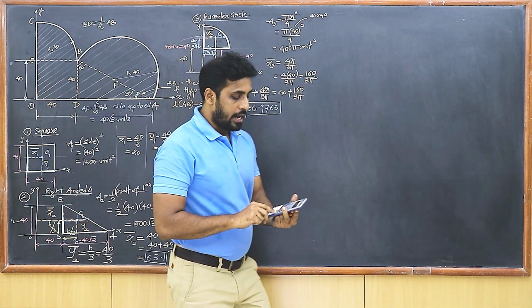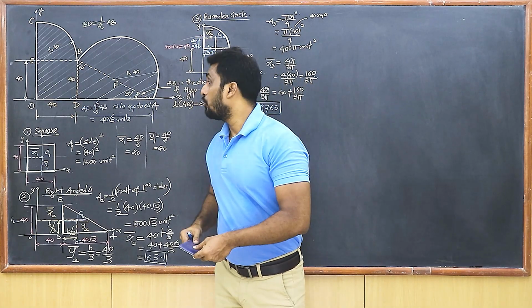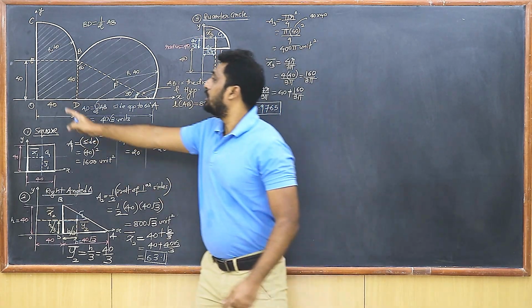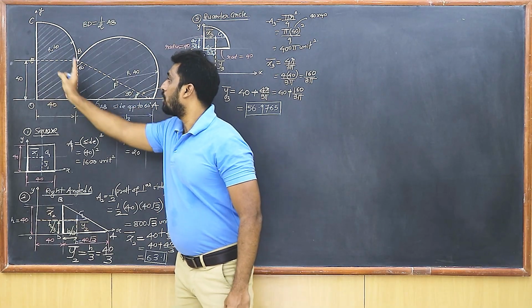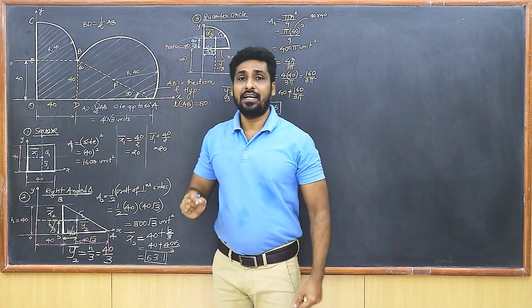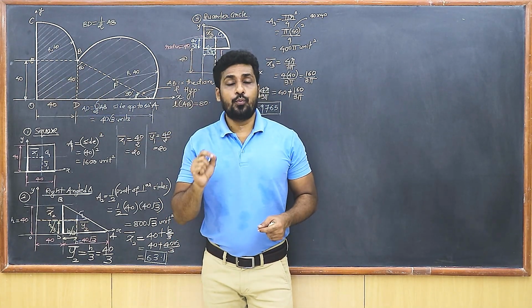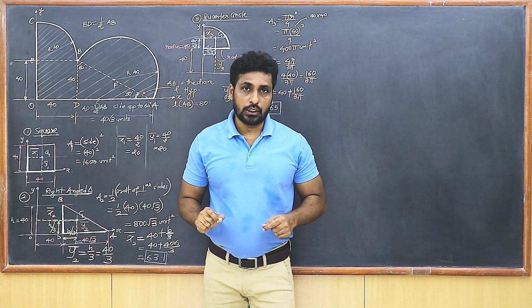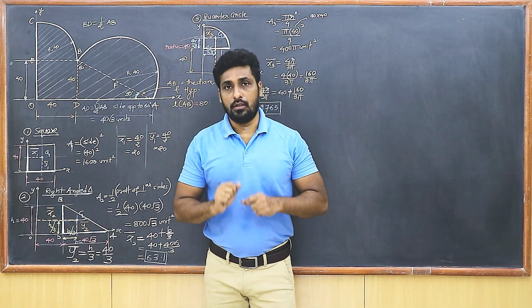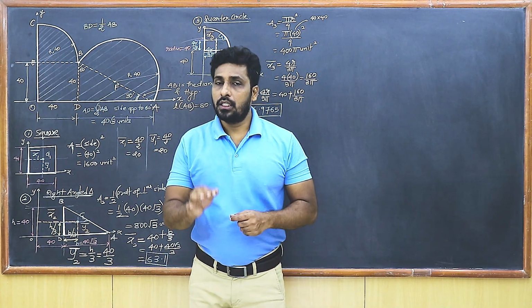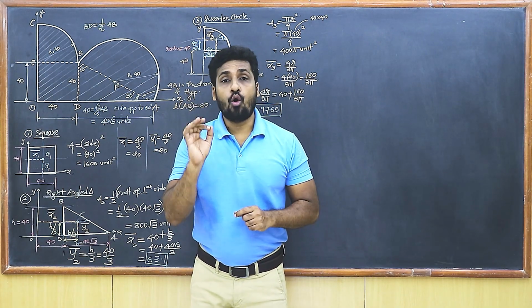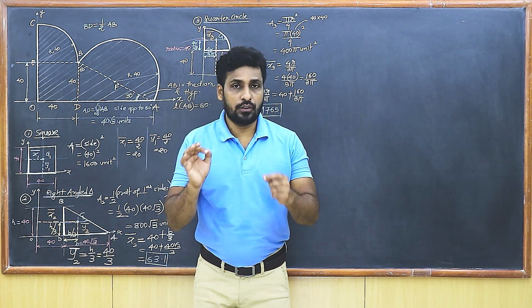Now students, we have finished with what? We have so far done the calculations for the standard shapes, the square, the quarter circle and the right angular triangle. Now we need to proceed further with the most challenging part of the question, which is the semicircle. Students, now we remember for a semicircle, the centroid always lies on the line of symmetry.